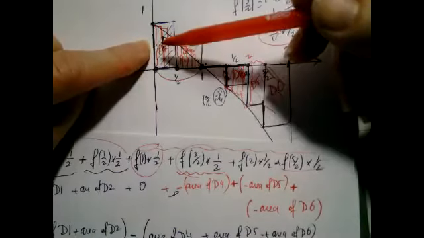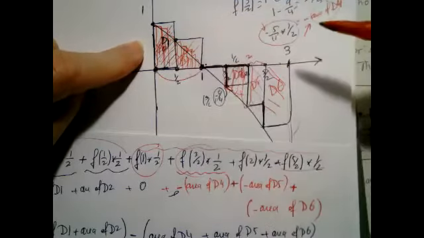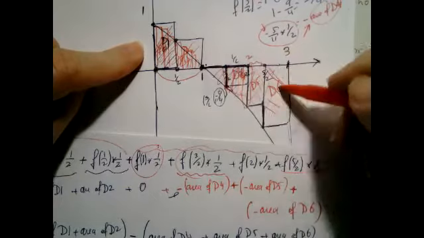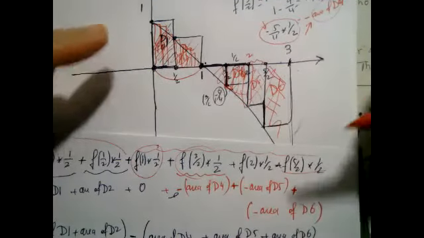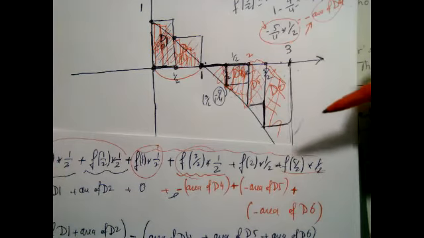So what I'm going to get when I take more subdivisions is the area of the region above the x-axis minus the area of the region below the x-axis. That's what's going to happen eventually when I take a larger and larger number of subdivisions.